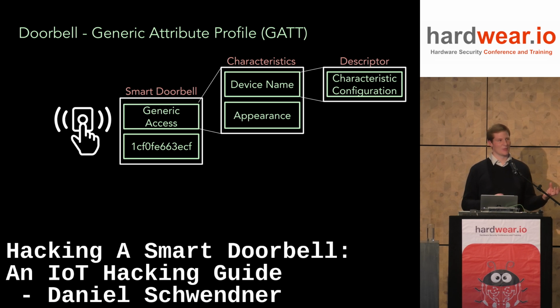But you can also implement custom ones, and then you only know the UUID. If you want to know what is actually behind them, you have to do some reverse engineering and look at the values. Now the generic access service, for example, has multiple characteristics, in this case the device name and the appearance. And every characteristic can also have some descriptors.